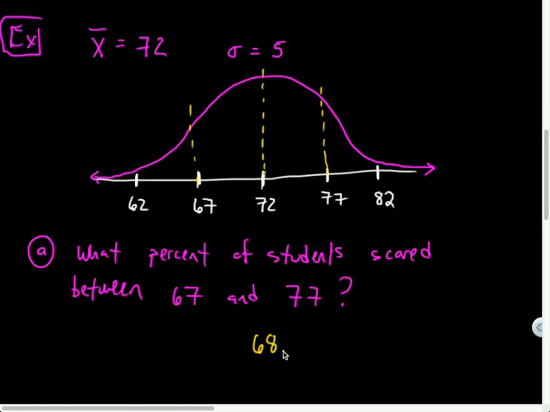Now, I would call this my P, the percent, and I would call my T value. All right, now there's two types of values we're going to be interested in.